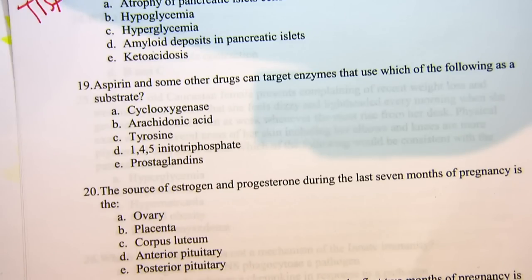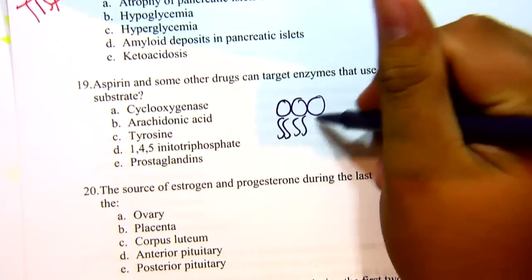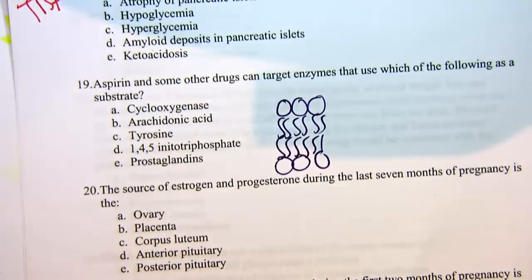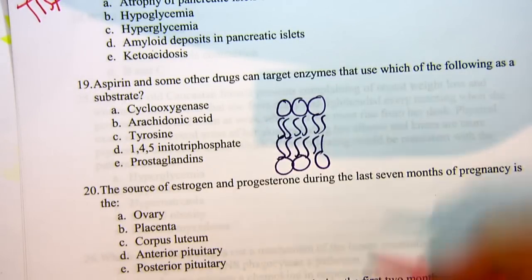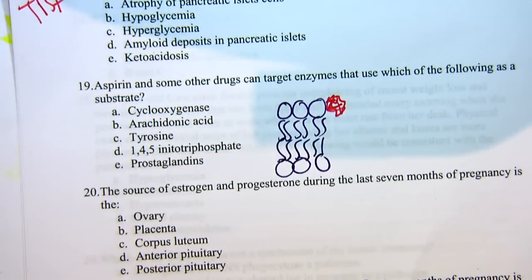Aspirin and some other drugs can target enzymes that use which of the following as a substrate? So we have a nice lipid bilayer, right? When we have a bacterial infection, we know we have something that's not supposed to be there, like a virus or a bacteria, a pathogen.